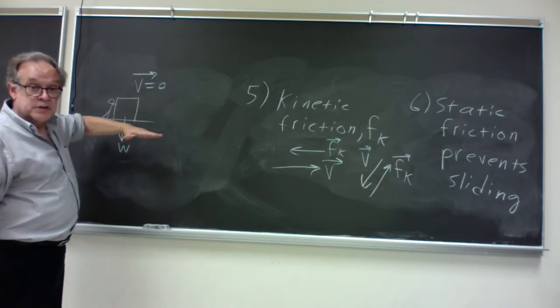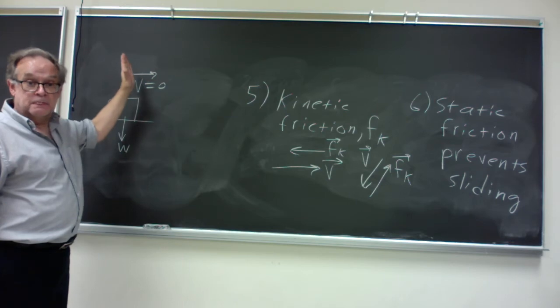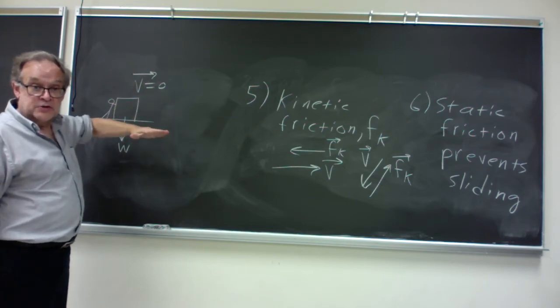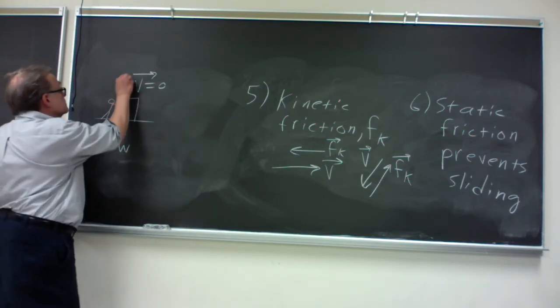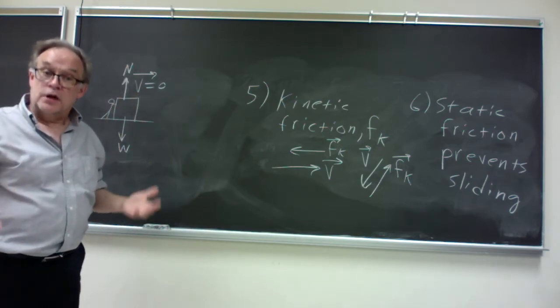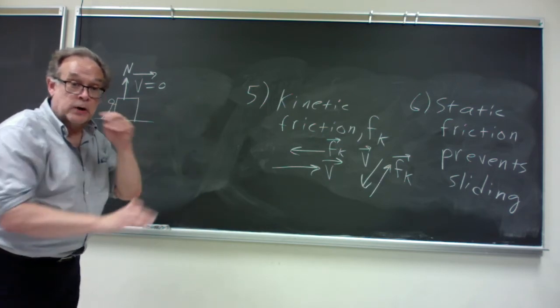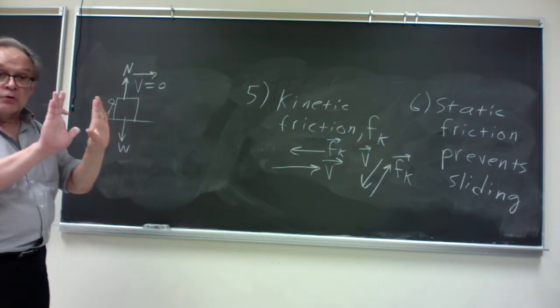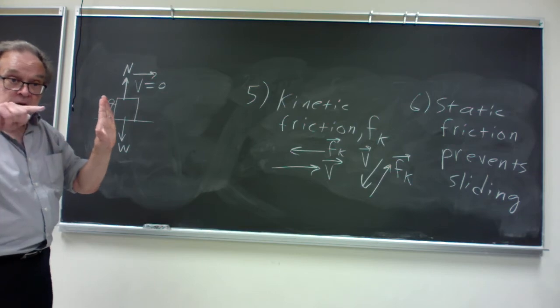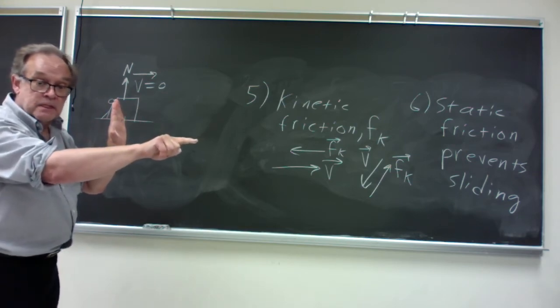The floor is horizontal, and the normal force is a perpendicular push from the horizontal floor. And then there's another normal force from my hands pushing on the crate. My hands are a vertical surface, and they're creating a horizontal push, right?